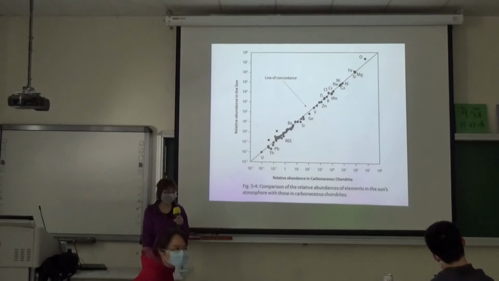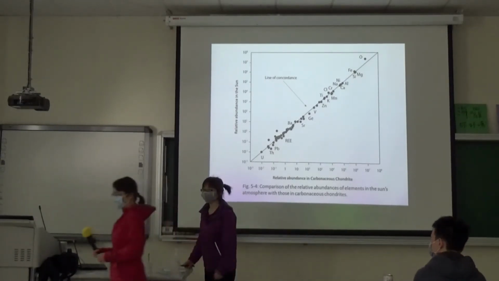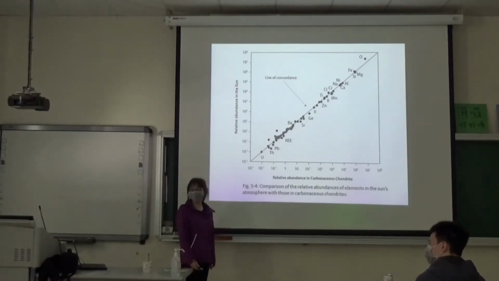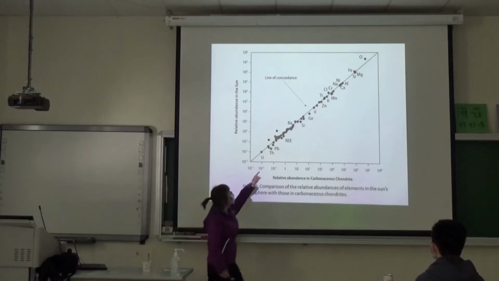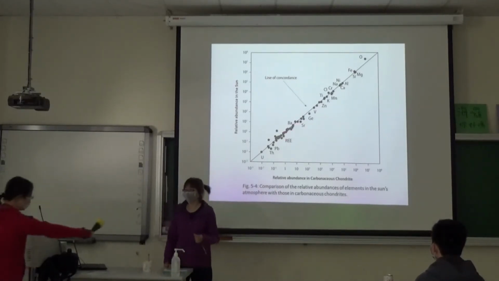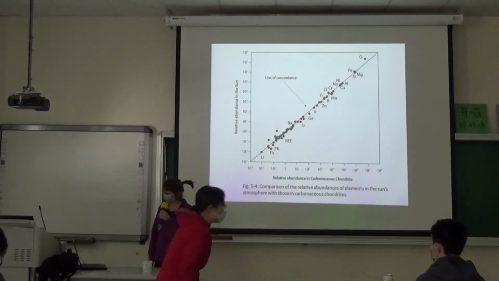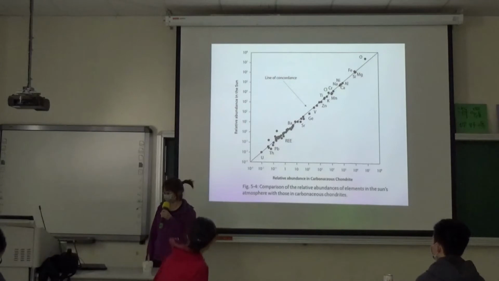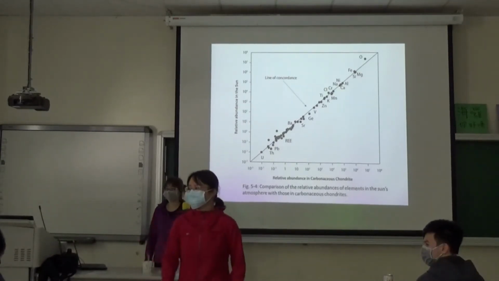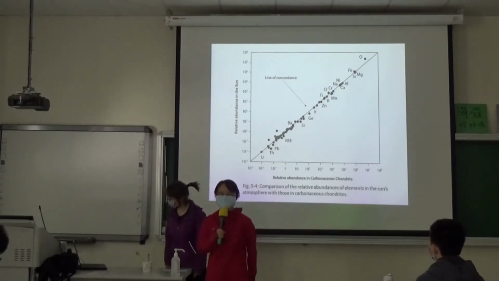Further questions? Why is the word REE on the graph? What is REE? I didn't search it. Does anybody know that? I think it's something like reference elements. No, no. Anybody have an idea?